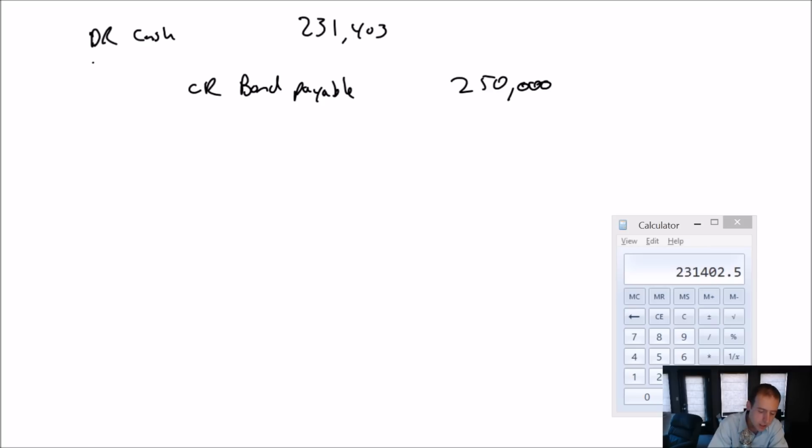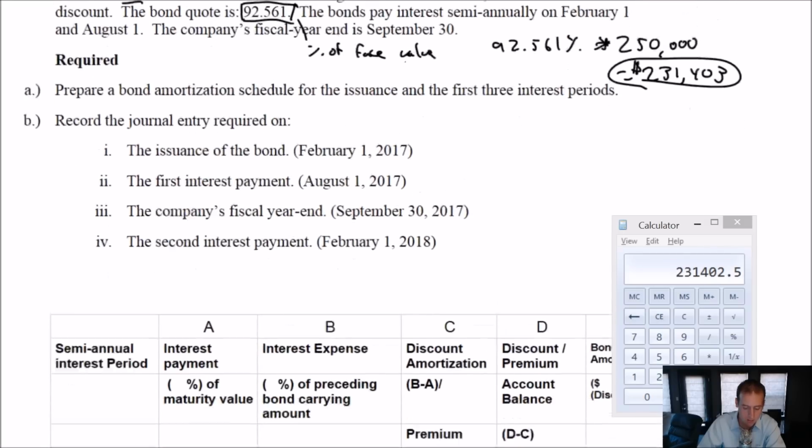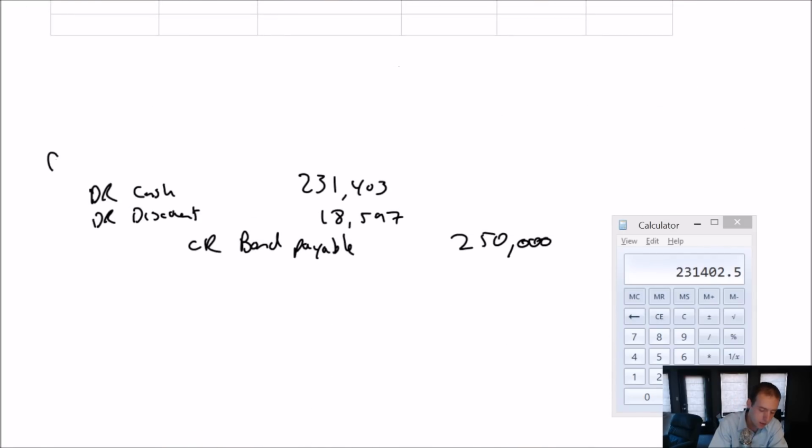What's the difference? The difference is the discount on my bond, which was like $18,597. So the journal entry is dated February 1st, and we've answered the first journal entry, but we haven't actually done the table.